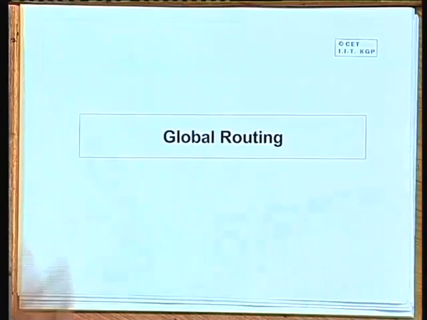Okay. So, we now look at something called global routing. Global routing means we are looking at the routing problem globally. We have the whole chip surface, we have all the obstacles, we have all the nets which are to be routed. So, now we have to make a plan that how we will be routing these nets. There can be 1000 nets for example.